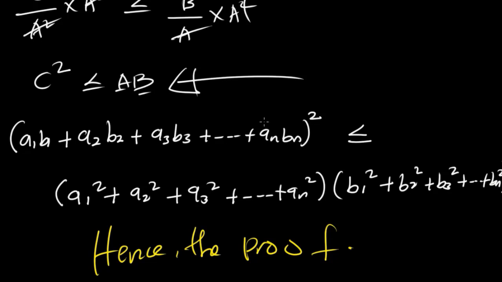So that's how we can go about proving the theorem that we looked at the beginning of this tutorial. And the theorem simply validates the expression that we have here: if a1, b1 up to an, bn are all real numbers, then this particular expression holds.